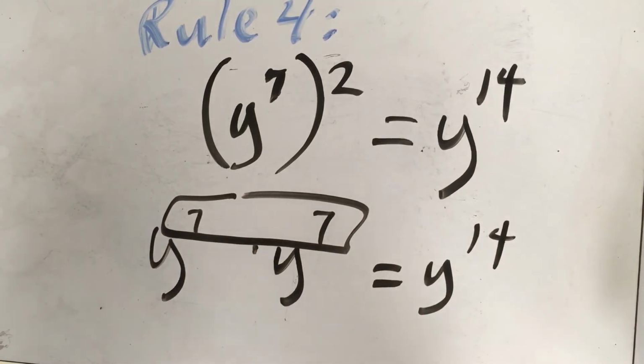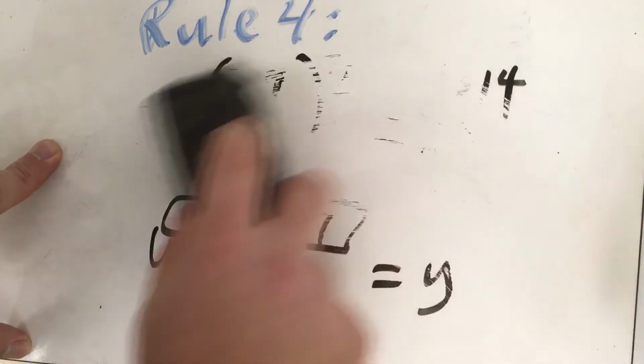So this saves you time. All right, so we've got rule 1, anything to the 1st power is itself. Rule 2, anything to the 0 power is 1. Rule 3, if you're multiplying things with the same base, you can add those exponents. Rule 4, if you're raising a power up to another power, you can multiply those exponents.